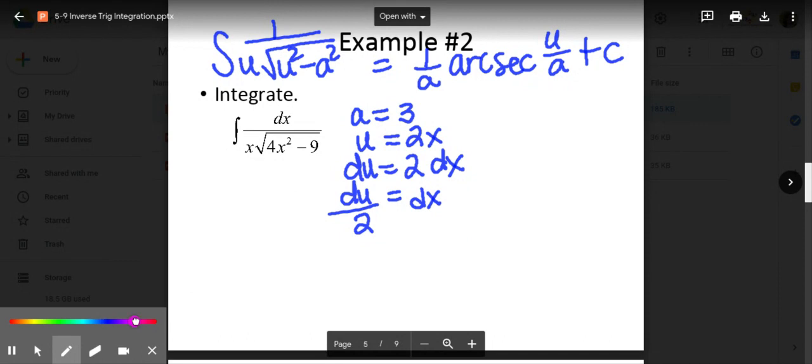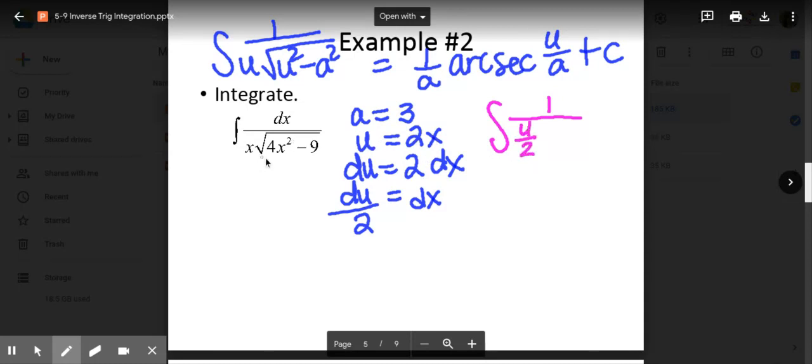So let's change our color. When I trade out, I'm going to think of the dx being on the side. So that's going to be 1 over x. Here's how I'm going to write that. x is really u divided by 2. If I think of x right here, x is u divided by 2.